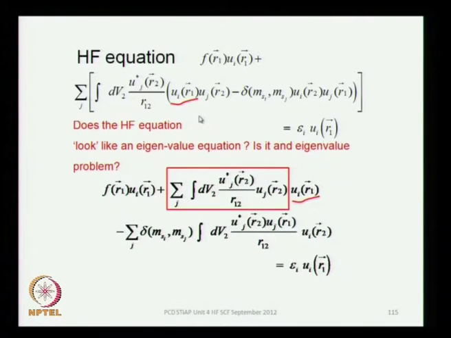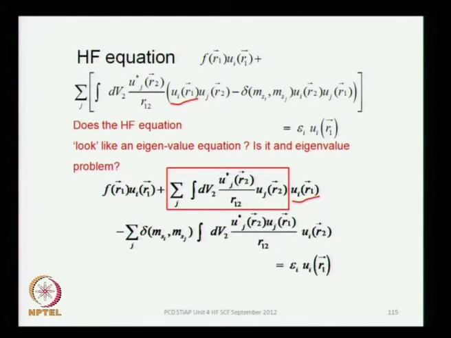If you just look at this box, everything whose argument is 2, r2, is integrated out. So, you are going to have an operator which is just a function of 1. 2 is the dummy index which gets integrated out, and then you sum over all j, and then the Coulomb term also suggests that you can put it in a form so that an eigenvalue equation would possibly develop.